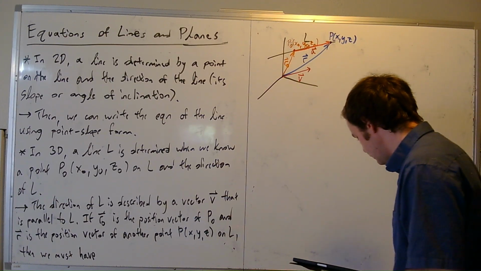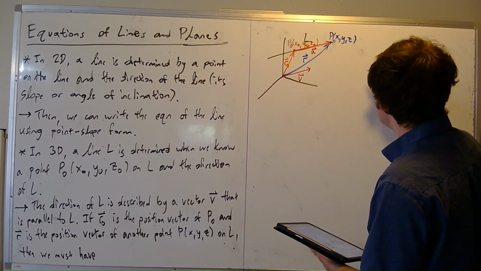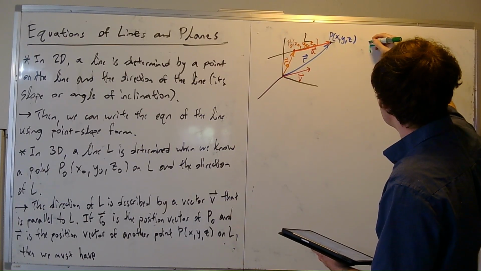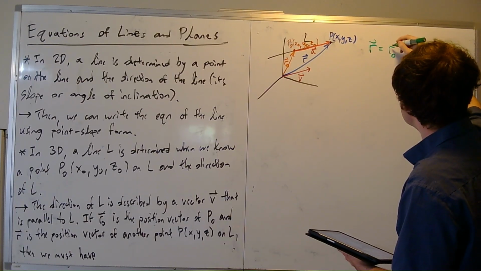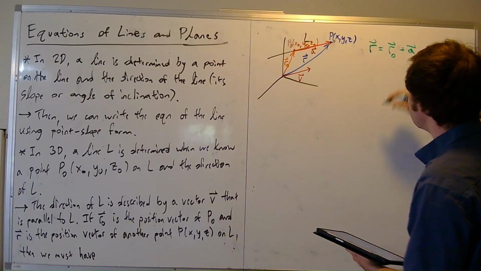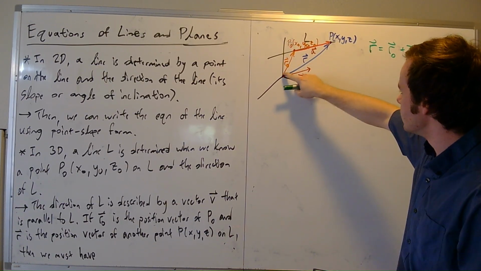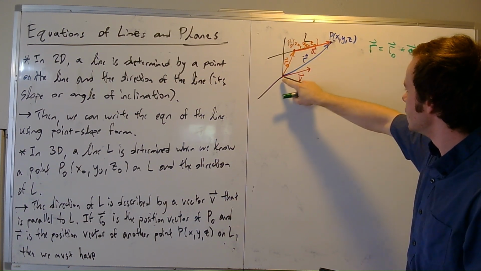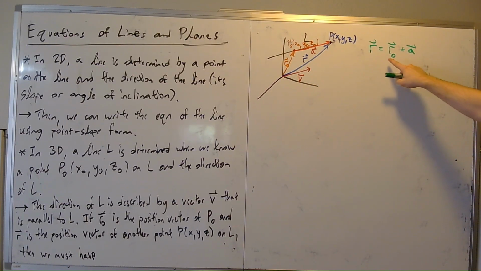So let's just write down what we have here. We know that the vector R is going to be equal to the vector R0 plus the vector A. Right, so if you look at what you're doing there, you add R0 plus A. Remember, we add this vector onto the tip of that vector, and then the resultant vector here is now R. So you can see that, in fact, this is true.